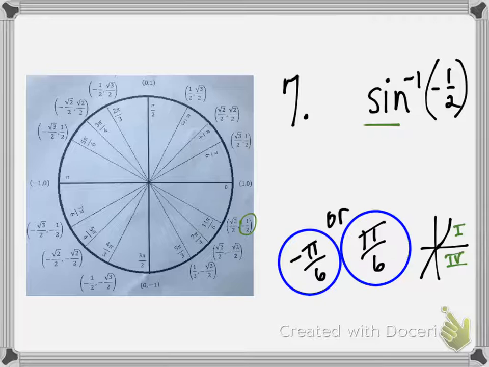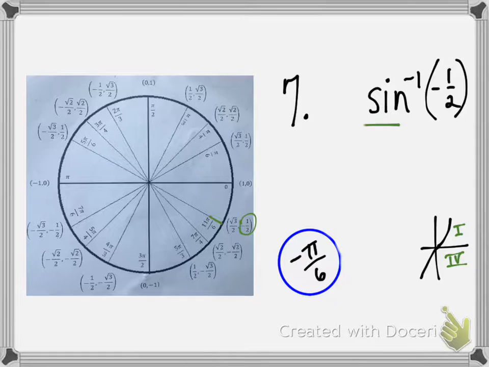But do remember, we do have a restriction on our domain. That's why we're not writing 11 pi over 6. We're actually going to write that as negative pi over 6. So our answer on this one would be negative pi over 6. Okay, is it that one or that one? Why, it's negative pi over 6.